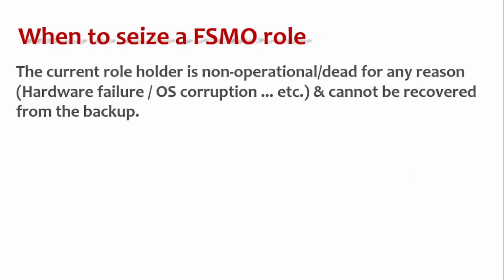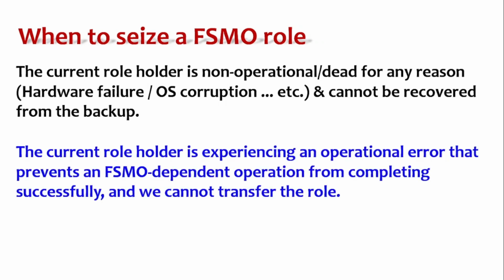So when to seize the FSMO role? When the current role holder is non-operational or dead for any reason, such as hardware failure or OS corruption, and cannot be recovered from backup. Or when the current role holder is experiencing an operational error that prevents an FSMO dependent operation from completing successfully.